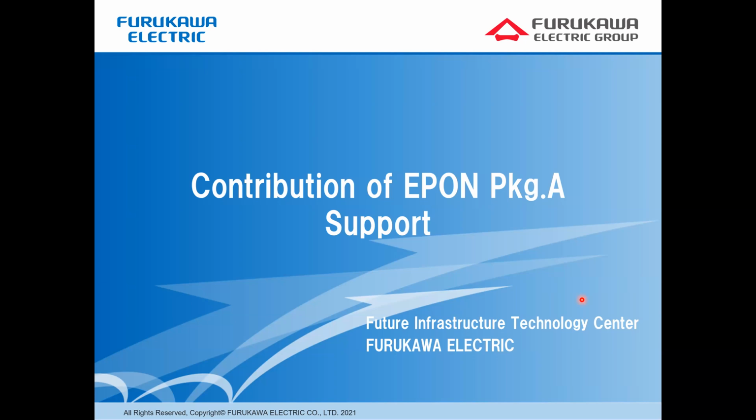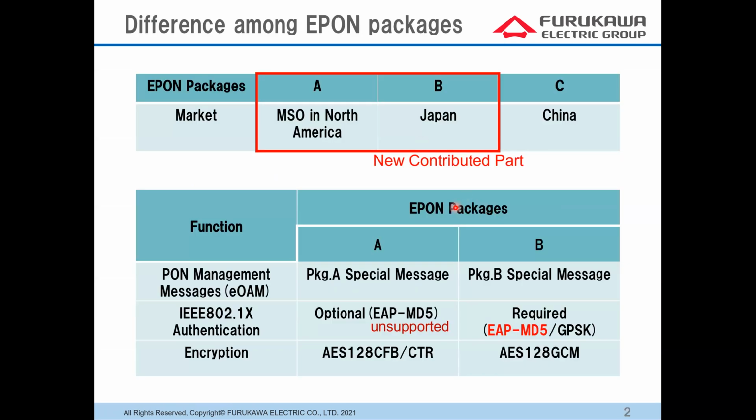Good morning, everyone. My name is Ryotaka Miyamoto from Furukawa Electric. I'd like to talk about our contribution of EPON package A. First, I'd like to start by talking about the difference among EPON packages.